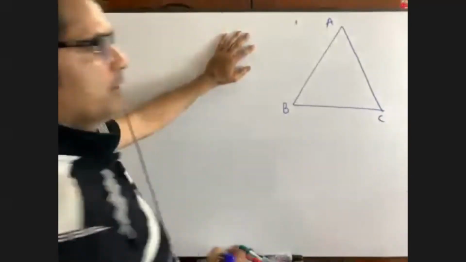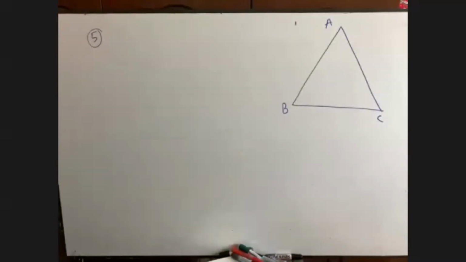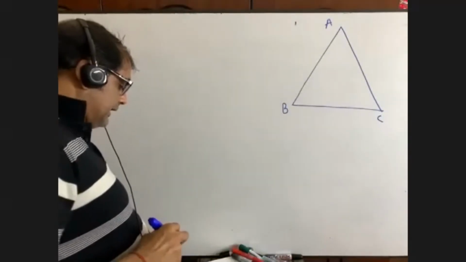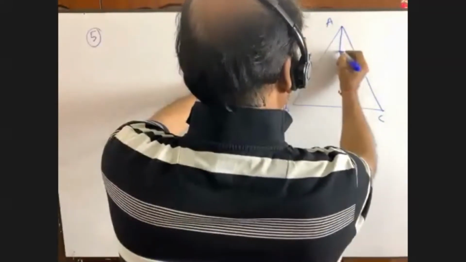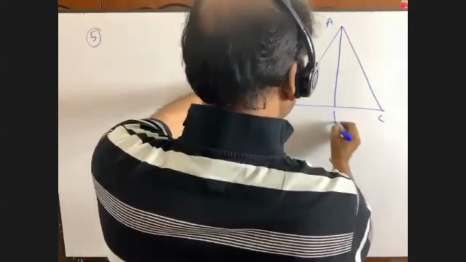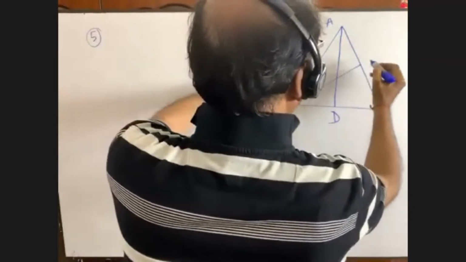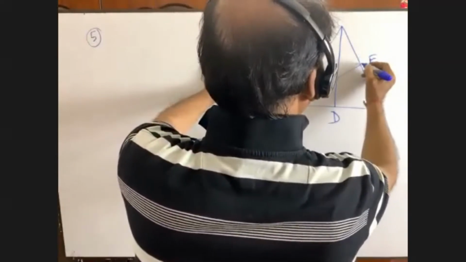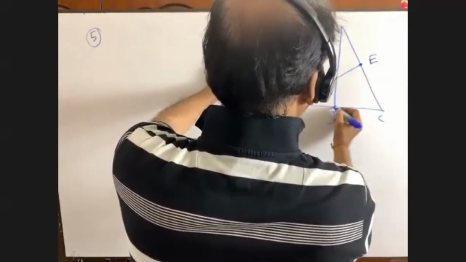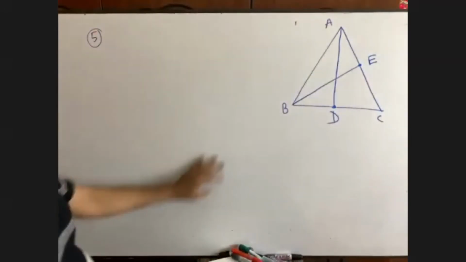The medians AD and BE. This is AD. D is the midpoint. And it is BE. E is the midpoint. Medians means D and E are the midpoints here.